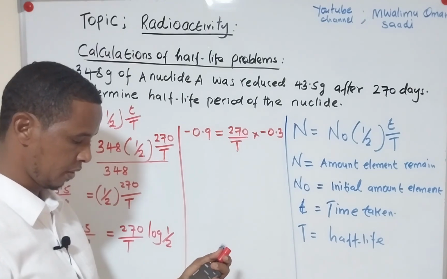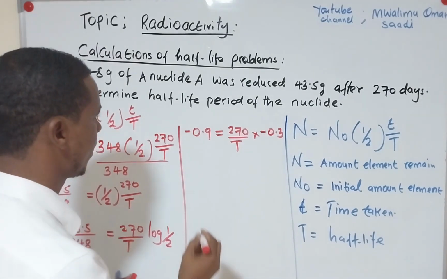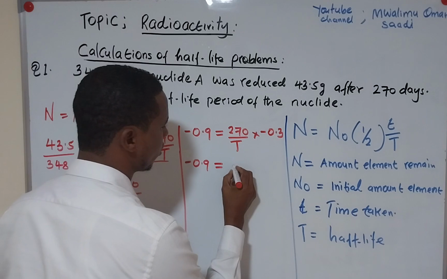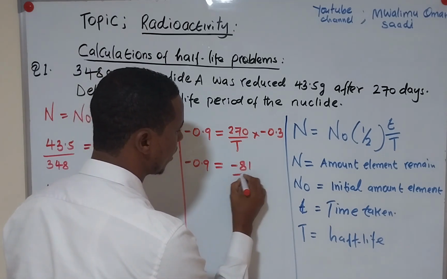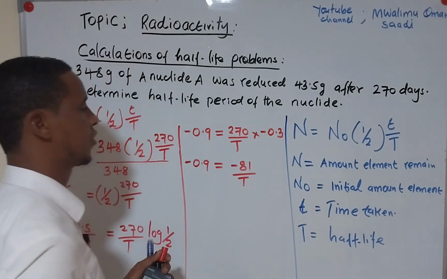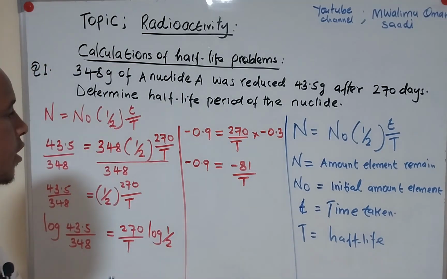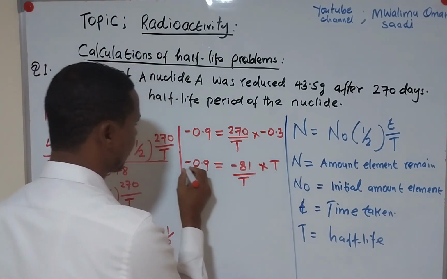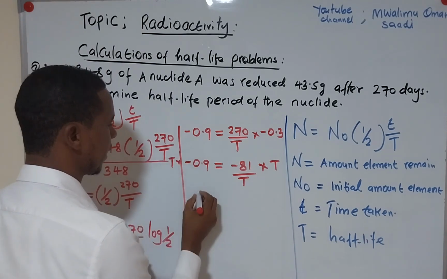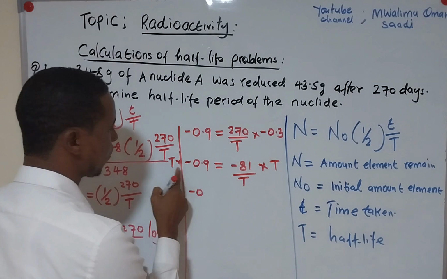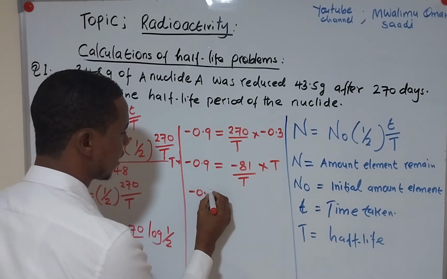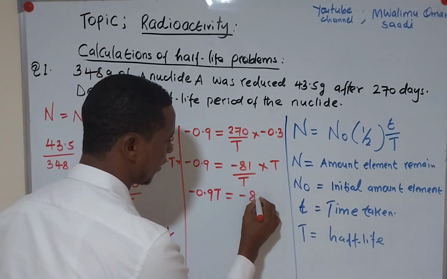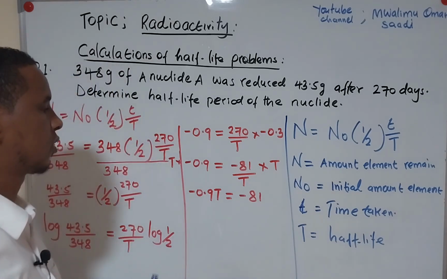270 times negative 0.3, that's negative 81. So negative 0.9 is equal to negative 81 all over T. So to get T, let's multiply T on both sides. So that will be negative 0.9 T is equal to negative 81. So let's divide.